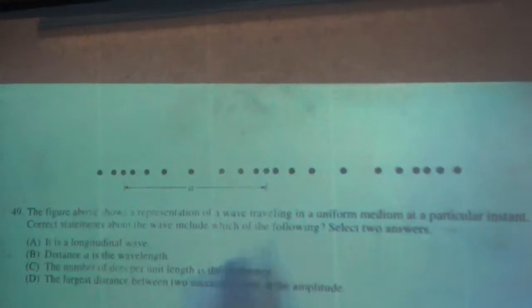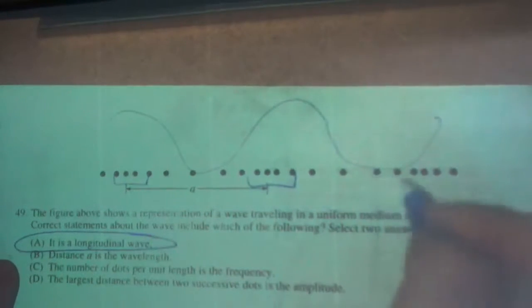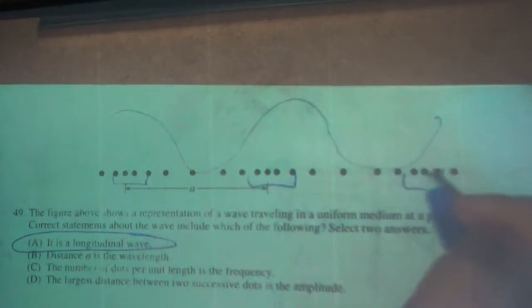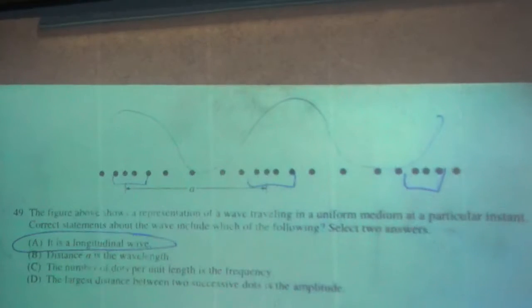This is a snapshot of a wave at a particular instant. So this is a longitudinal wave because we're not getting crests and troughs like a transverse wave. So this is longitudinal for sure because we're getting compressions and rarefactions. These are high pressure compressions right here, low pressure rarefactions, and then equilibrium would be like this right here.